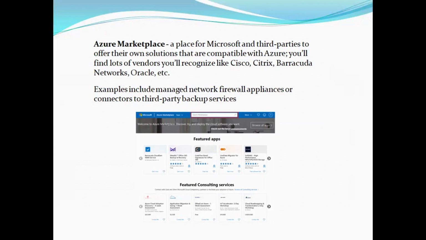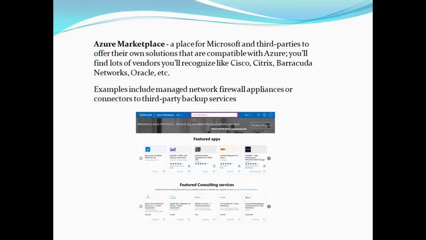This image is from Azure portal where you can see the Azure Marketplace. So this is similar to how we have the Market Store or the Play Store in our mobile phones. Similarly, to get the different third-party provider solutions in Azure portal, we can go for Azure Marketplace.